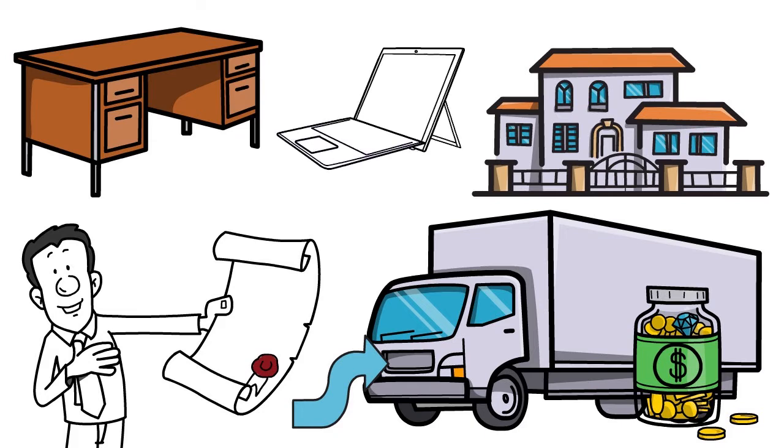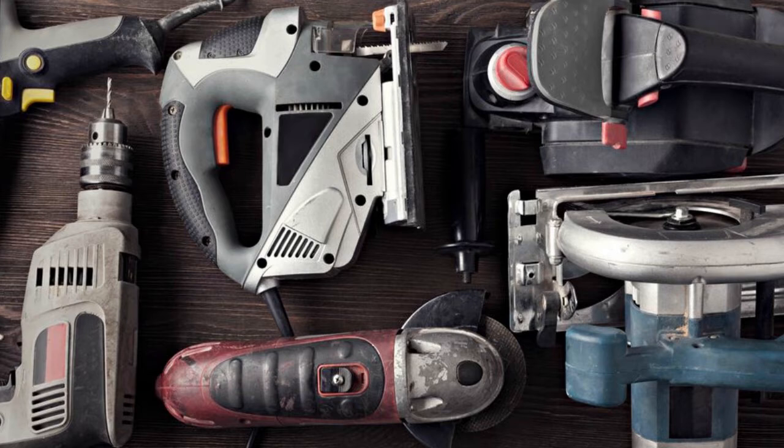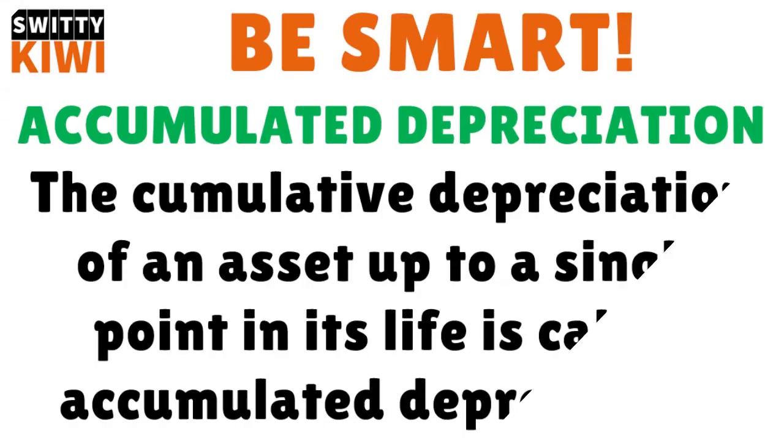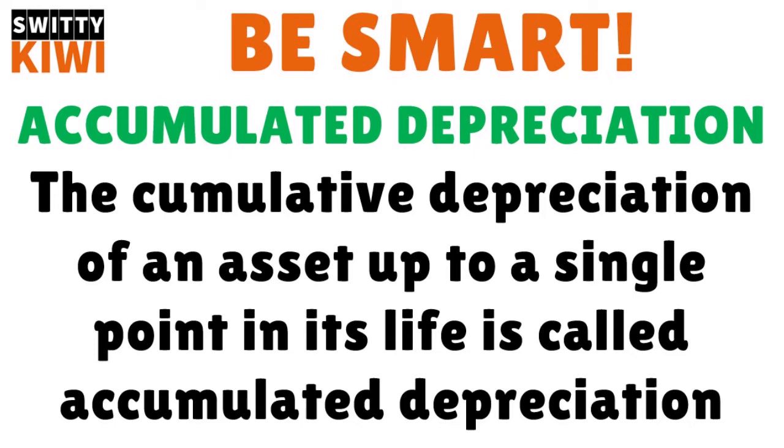Now you have an interesting topic that goes along with depreciation, and that's accumulated depreciation. So the cumulative depreciation of an asset up to a single point in its life is called accumulated depreciation. So the carrying value or book value of an asset on a balance sheet is basically the difference between its purchase price and the accumulated depreciation.